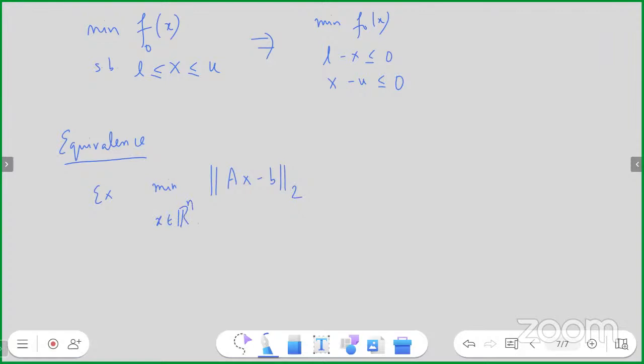Is this in standard form? Yes, but we don't have constraints. The constraint is okay, but is this function convex? The norm, yes, the norm is convex.